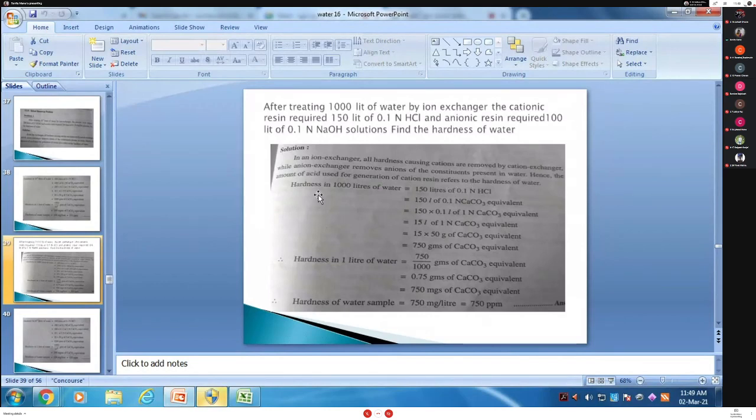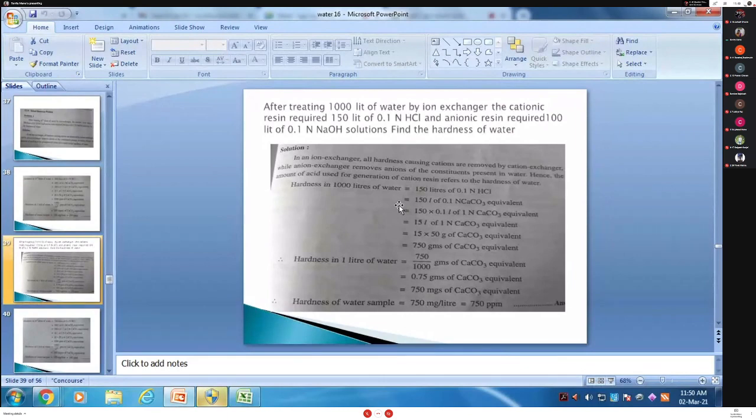Hence, the amount of acid used for regeneration of the cation resin refers to the hardness of water. Hardness in 1000 liters of water is equivalent to 150 liters of 0.1 normal HCl.